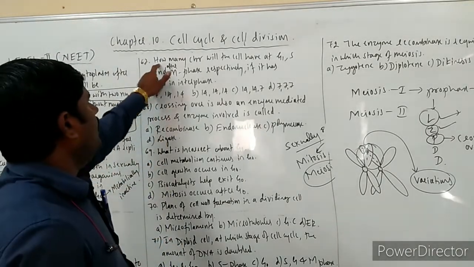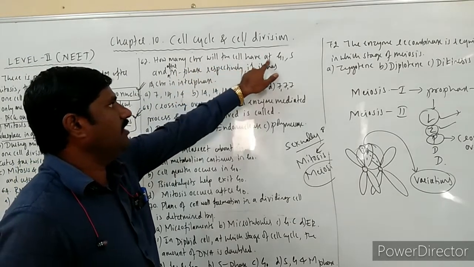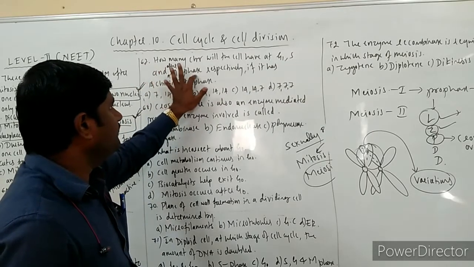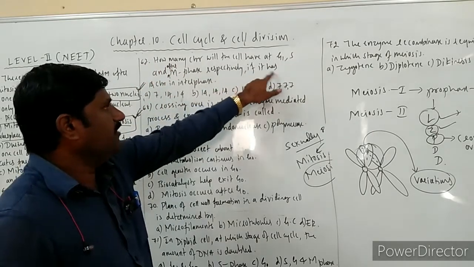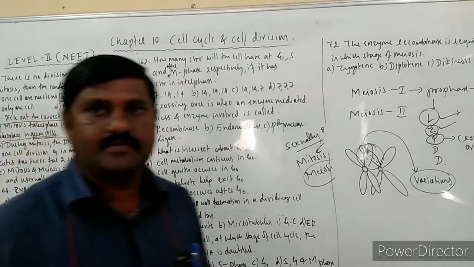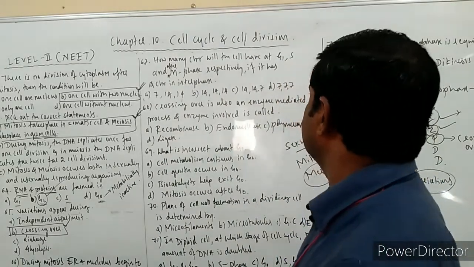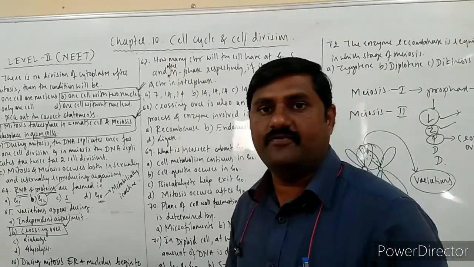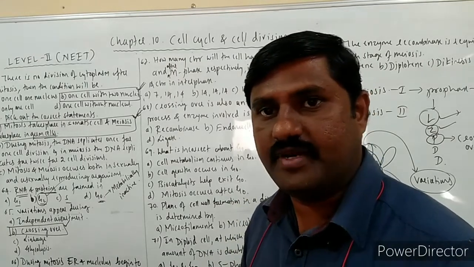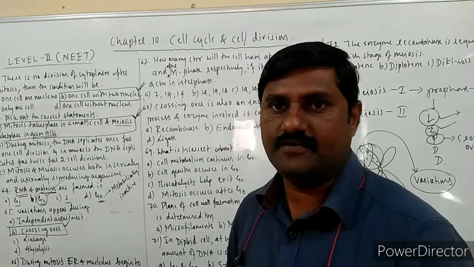Next one: how many chromosomes will the cell have at G1, S as well as after M phase respectively if it has 14 chromosomes in interphase? If 14 chromosomes are there during mitotic cell division, then automatically the same number of chromosomes is maintained in this type of cell division.